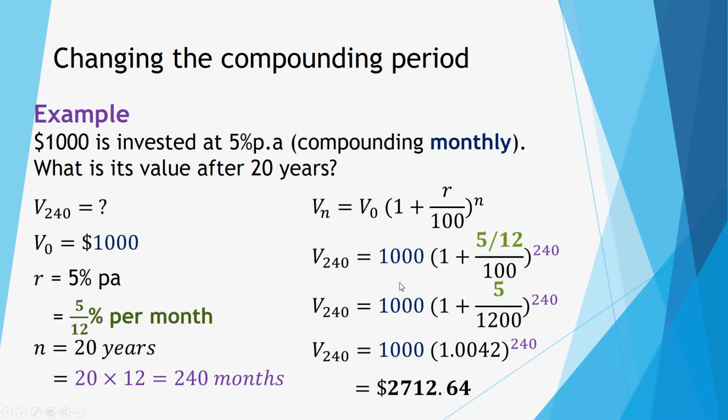We substitute this value in, initial value of 1,000, a rate of 5 over 12, and terms of 240 months. Now that 5 divided by 12 divided by 100 is easy to express as 5 over 1200. Gives us a growth rate of approximately 1.0042 raised to the power of 240 multiplied by the initial investment of 1,000, a return of $2,712.64.